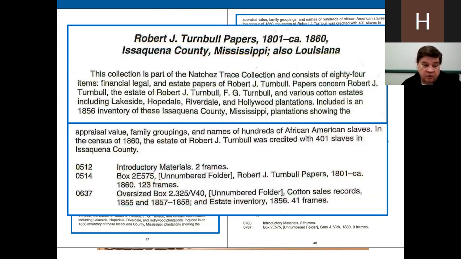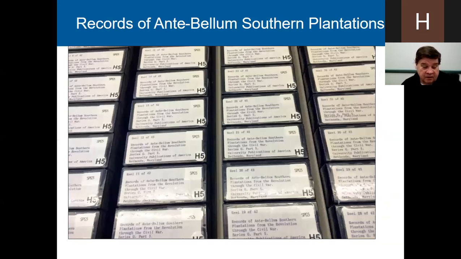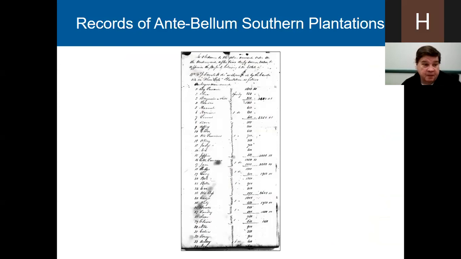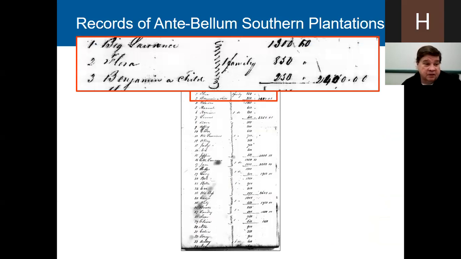And so basically this is the will and probate papers from when he died. So this is one of the ones we do have on microfilm here. And among this is the list of slaves by plantation. It gives the people's names, and they're grouped by family. So in this case, you've got child Benjamin as the child of Flora and Big Lawrence.